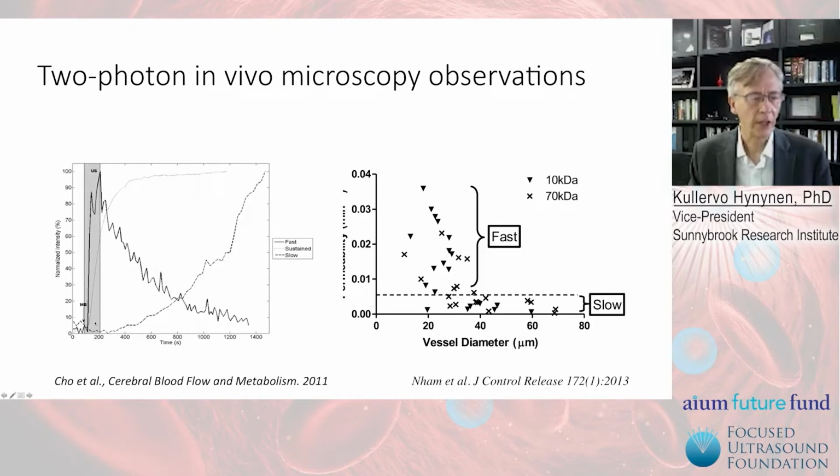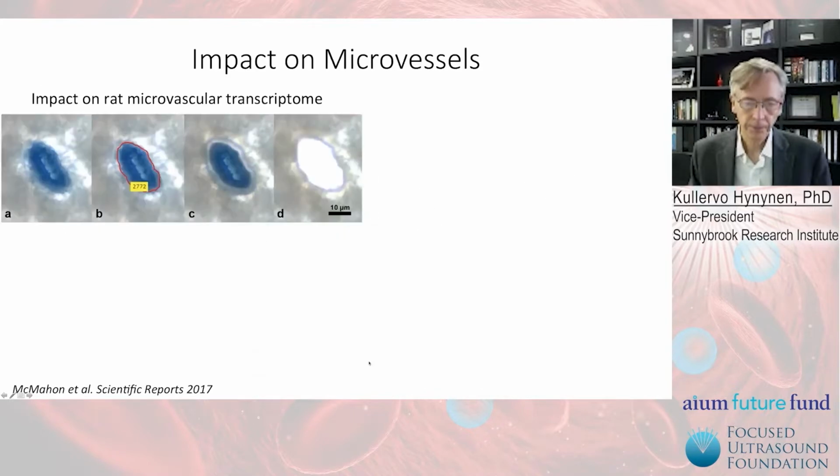And finally there is a slower leak, where initially you don't see any molecules getting out of the vessels, and then you see an accumulation of molecules in the brain. When we compare the vessel diameter and the permeability, you can see that the fast leaks mainly happen in the smaller vessels and the slow leaks in the larger vessels. And so it agrees with the electron microscopy observations.